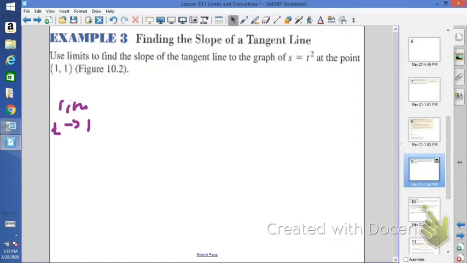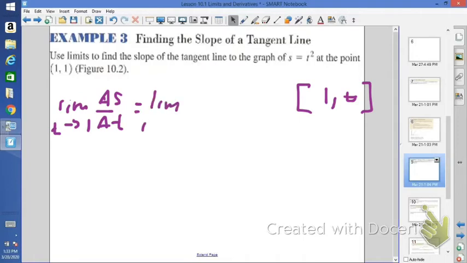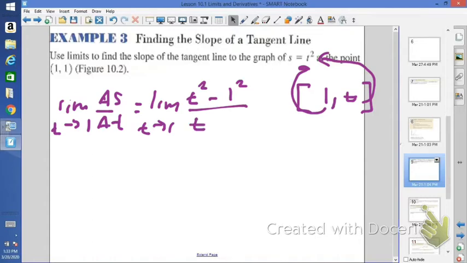So we want to look at the interval from 1 to t. So our change in s over change in t equals the limit as t approaches 1. Now for our change in s, we take t, plug it into our equation, so you're going to get t squared. Take 1, plug it in, so t squared minus 1 squared, and then divide by t minus 1.